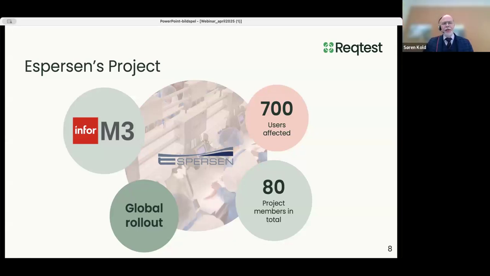Definitely. And you forgot to mention, it was not only one project we did for Espersen, it was several projects. But let's start with the first project that we worked with. Of course, whenever you're working inside the food and beverage industry, there are some really key points. There is traceability on all your ingredients. There is the testing of your products.